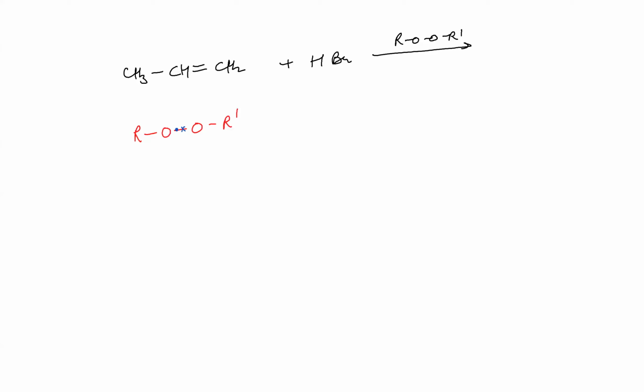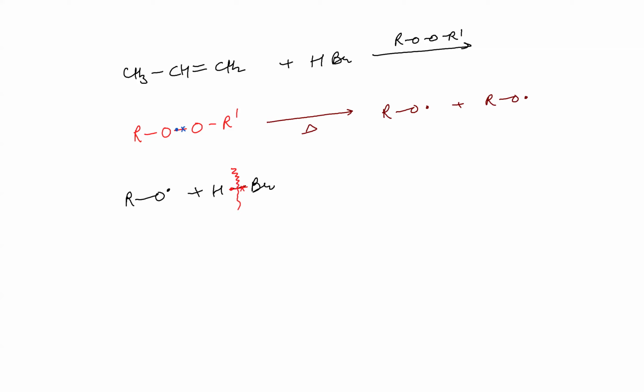So if I heat it up, this breaks. Now what does this RO radical do? We'll have an HBr, and in the presence of heat it is actually breaking down.